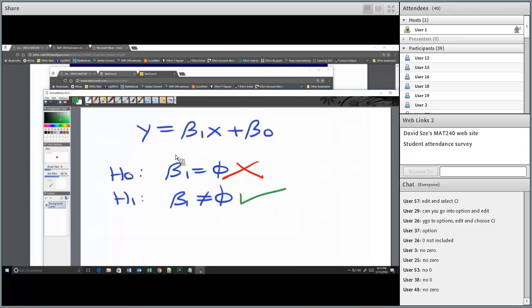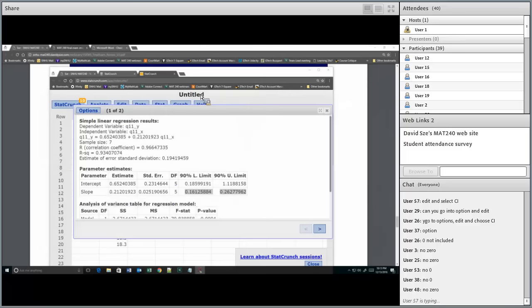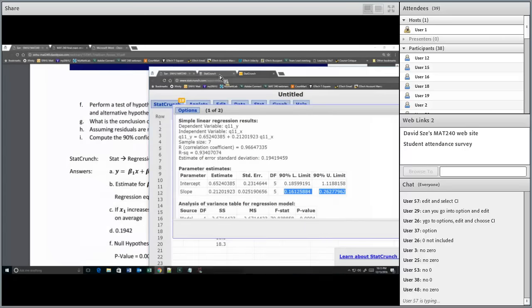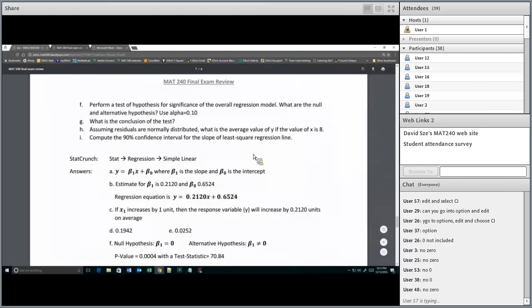And recall that that is what we concluded under the hypothesis test. We said that beta 1 cannot be equal to 0. We rejected that, right? So we conclude the same finding under the slope. Basically the slope cannot be 0. Okay. See, you guys know this. Very good.